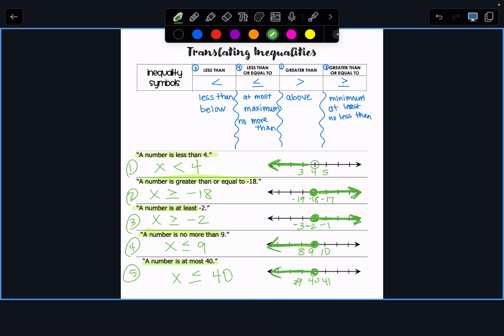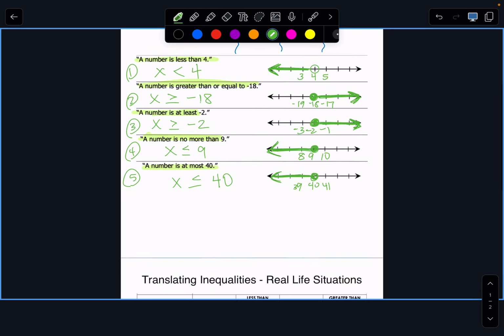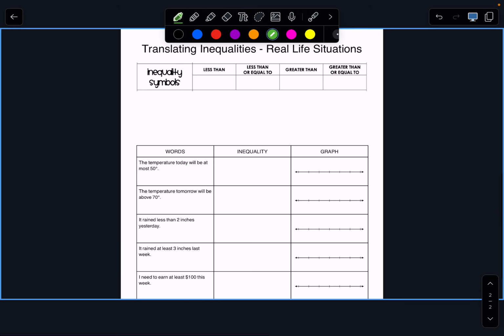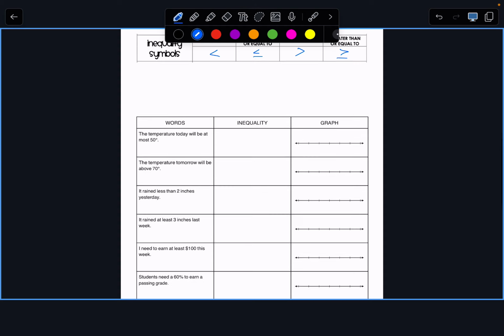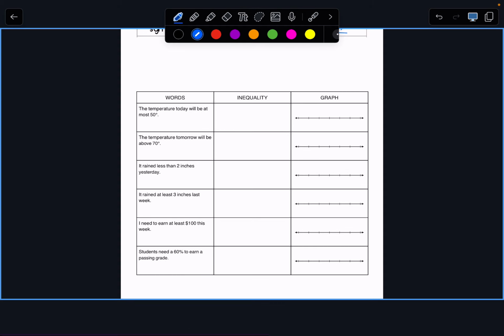All right. Now, if we go to page 5, I'm not going to make us rewrite all of this, okay? I will just, in case you need it, do this. Here we have situations that are in the real life context.